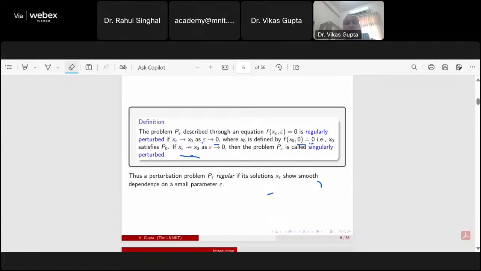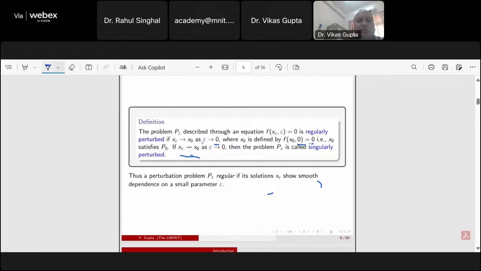Let me take 1 minute. So, as I said, suppose you have a problem P epsilon, which is defined by f(x, epsilon) equal to 0. What is the corresponding problem P naught?